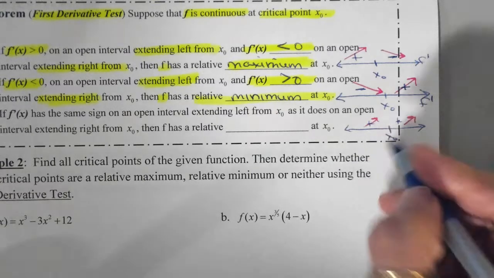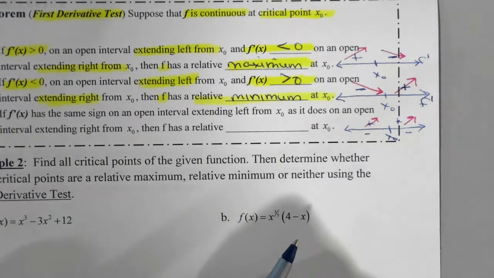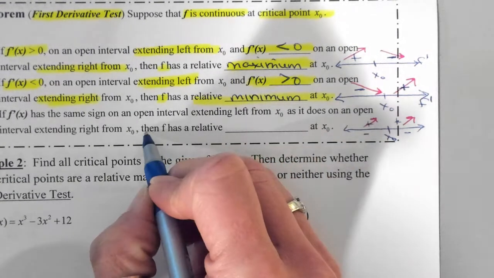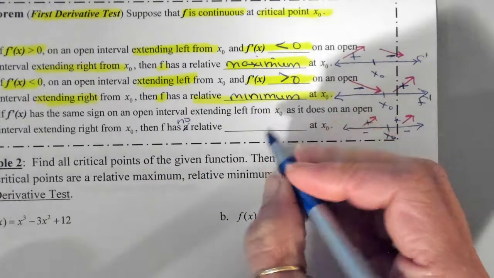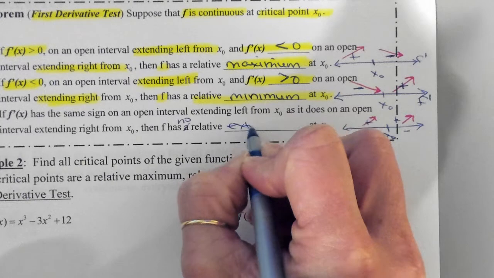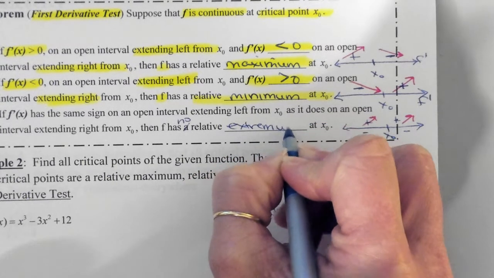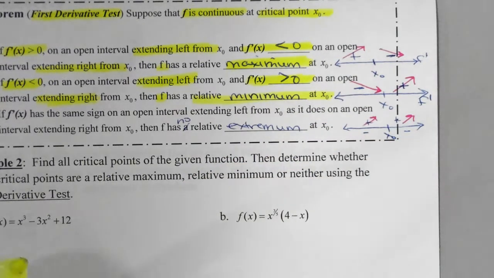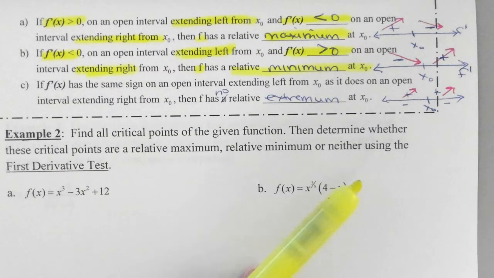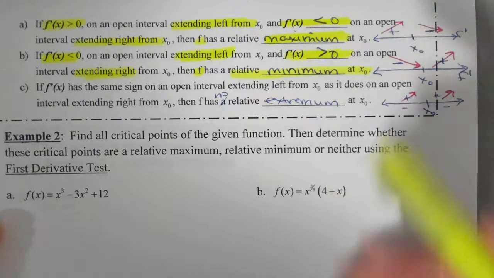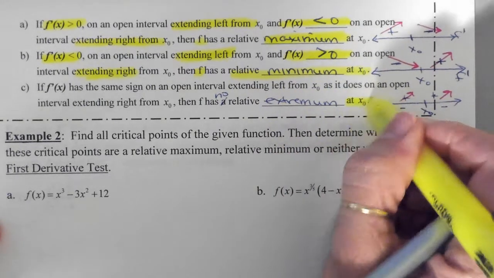Does everyone see that? Because this could be negative, negative too. Okay, and this should say then f has no relative extremum. Okay, because you have no idea what's happening. Okay, increasing, increasing, or decreasing, decreasing, but they're talking about at x sub 0.